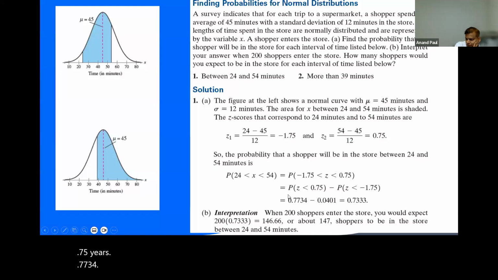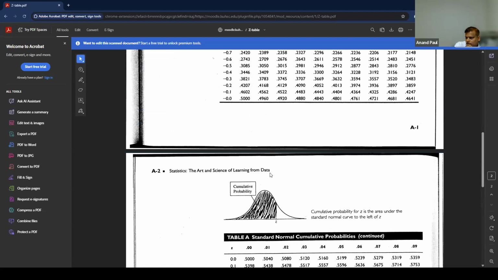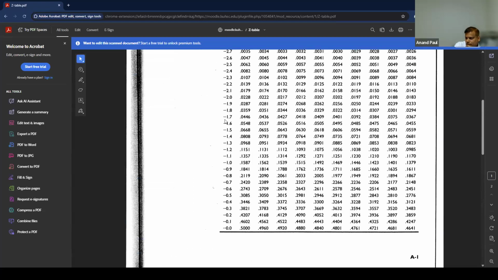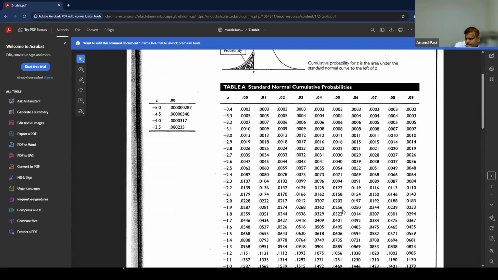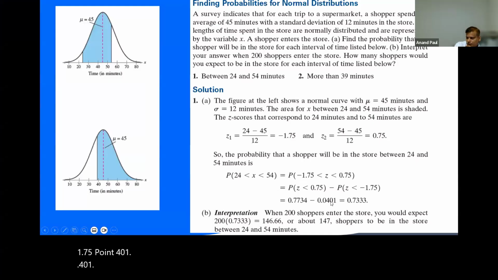So that's 0.7734 minus, you have a minus 1.75. 1.75 is 0.401. Yeah, 0.401. So when you subtract these two, you get 0.773. So based on that, we can actually proceed.